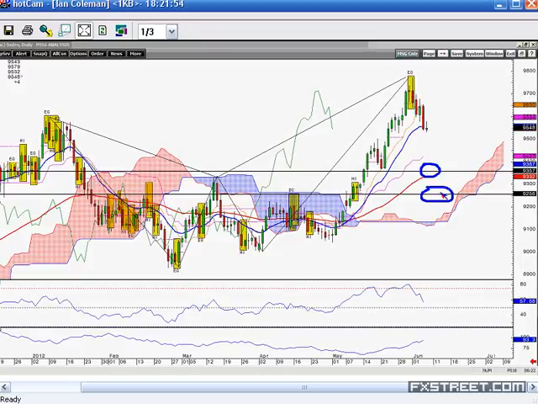A lot of the time, when it's a symmetrical butterfly formation, the move down is aggressive. Normally I'll get a reaction here, and I'll get a reaction here, off these exponential moving averages. So we break it down into shorter time frames.